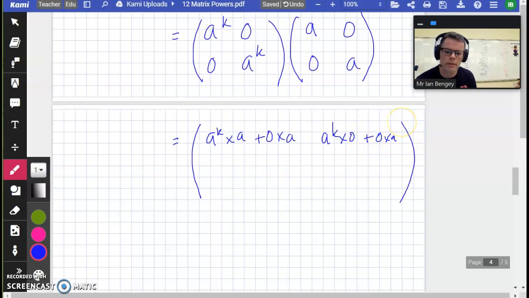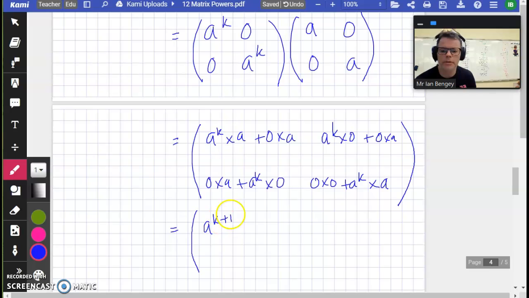We've got used to that in the previous examples, that we're getting these zeros, 0 plus another 0. That's why these diagonal matrices work in this way. Here we get 0 times a plus a to the k times 0, similar thing. And lastly, we get 0 times 0 plus a to the k times a. And of course, rules of indices from years gone by: a to the power k times a is a to the power k plus 1. That's 0, that's 0, and that's a to the power k plus 1.